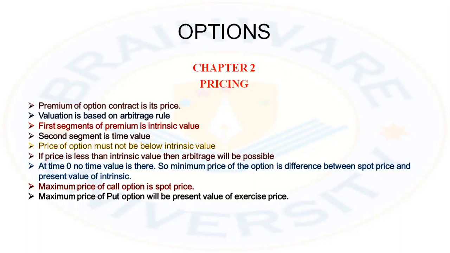Now the question is how we will calculate the price of the option. In every case of derivatives, when we calculate the pricing, we always follow the rule of arbitrage, because arbitrage is a particular skill where a person can make riskless profit. That type of opportunity is an abnormal opportunity which is not desirable.